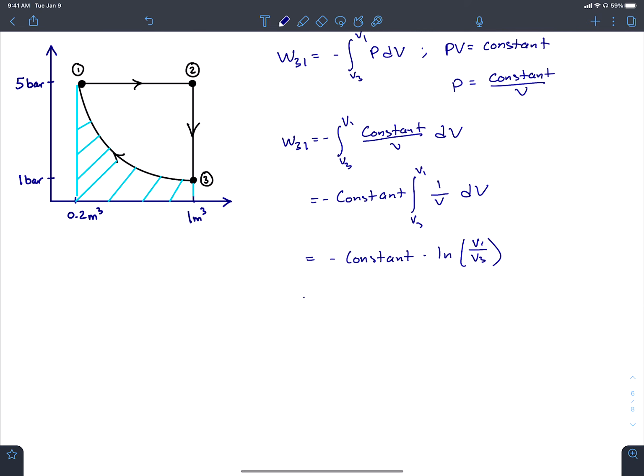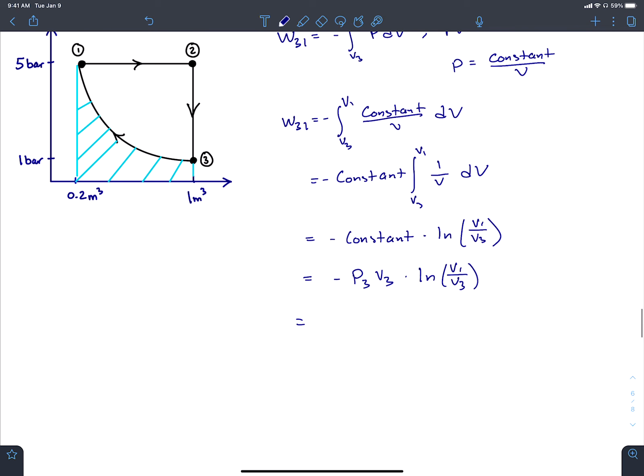And this constant is actually going to represent pressure and volume at state 3 because we're going from 3 to 1, so we use our initial state times ln V1 over V3. So it wouldn't matter, right? Correct, it doesn't matter.